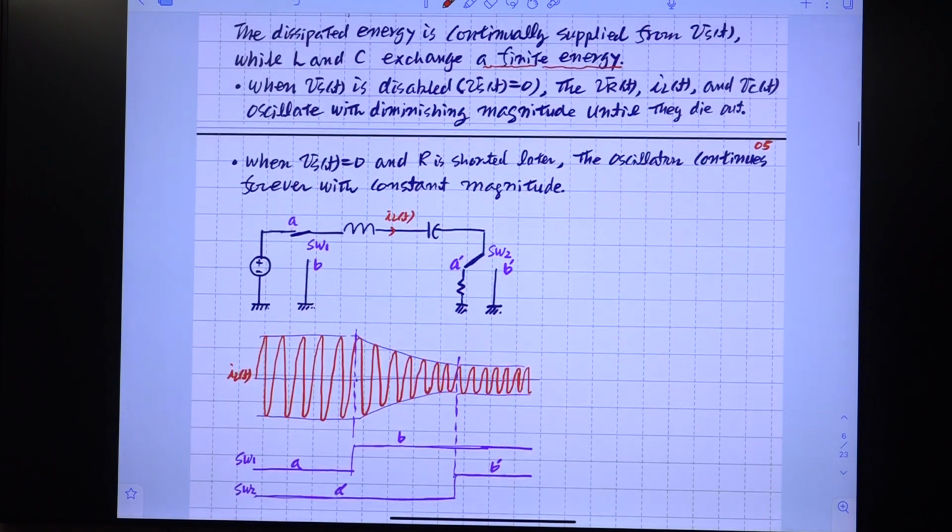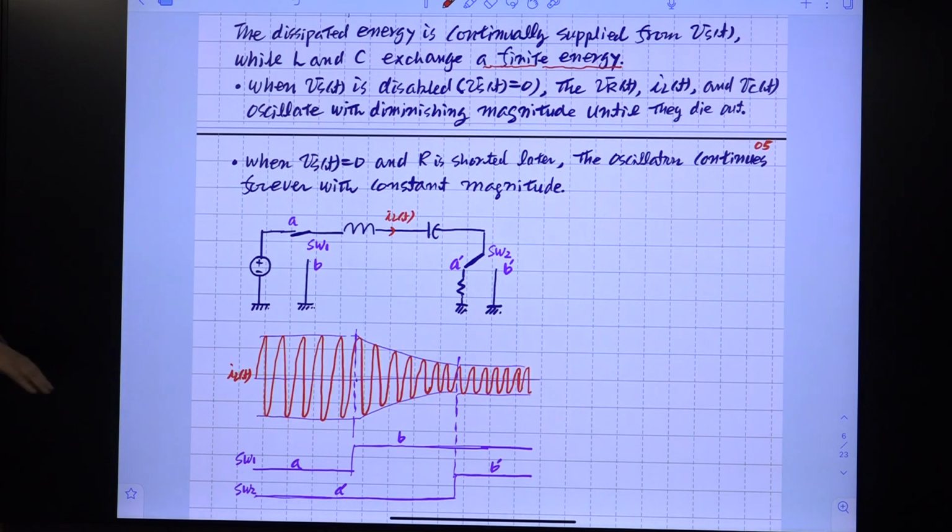This is the situation. First, switch 1 is connected to A here, right? Then it will show this sustained oscillation at constant amplitude.